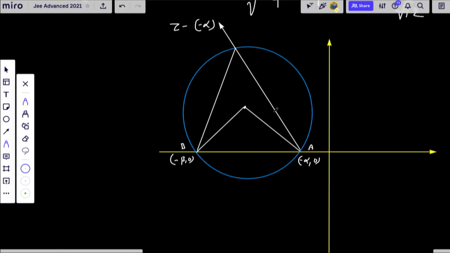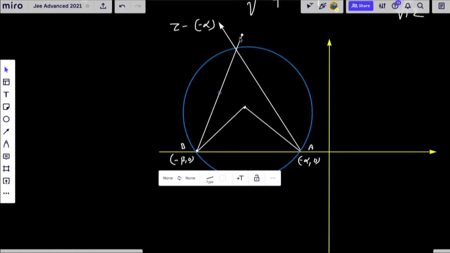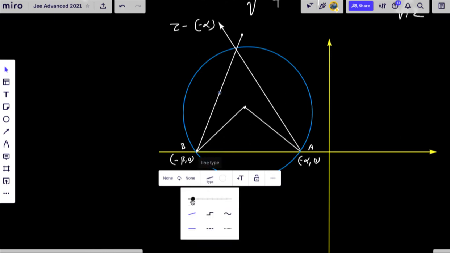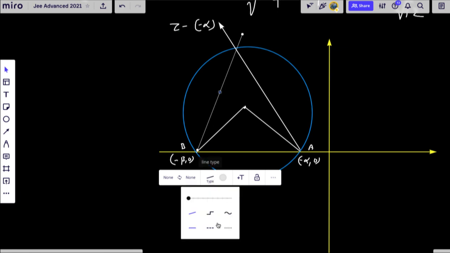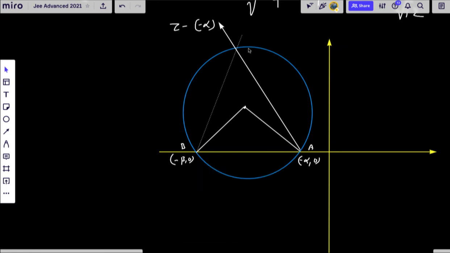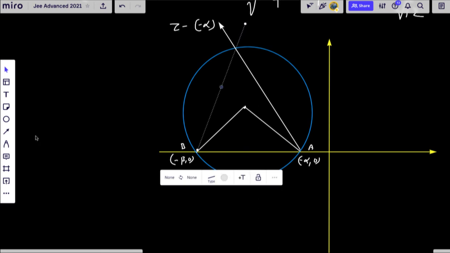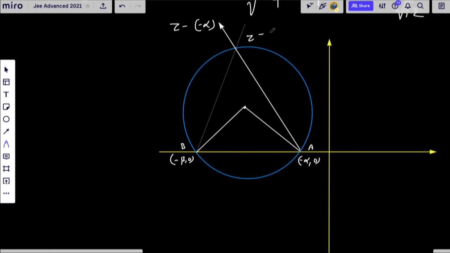Here if we extend this line over here, and let this line be this way, and here let me make some dotted line somehow, and we call this line z minus of minus beta, right? And this is the point. Let's say this is any variable point.